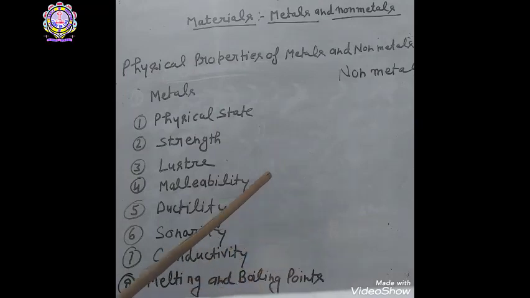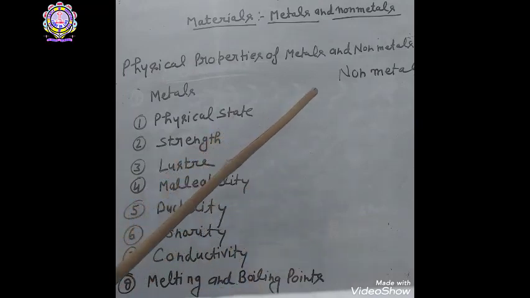The next property of metals and non-metals is ductility. Metals can be drawn into thin wires. This property is known as ductility. Ductility means the ability to be drawn into thin wires.